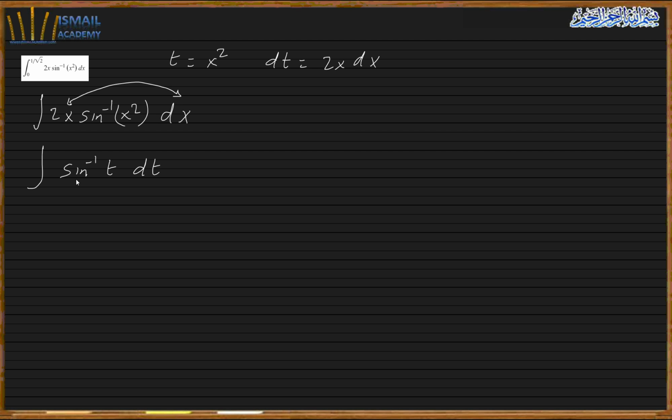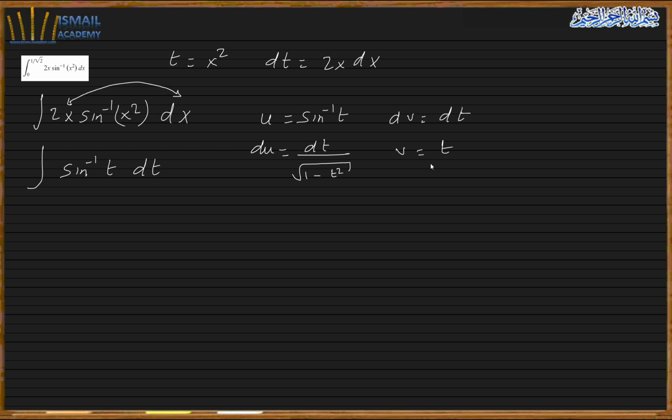This will be my function and dt will be my derivative, so u will be my sine inverse and dv will be my dt. So my du will be dt over square root of 1 minus t square, and v will be my t. And I hope that you should, by the way, know the derivative of the trig inverse, because the more you know the derivative, the easier it is for you to move fast.